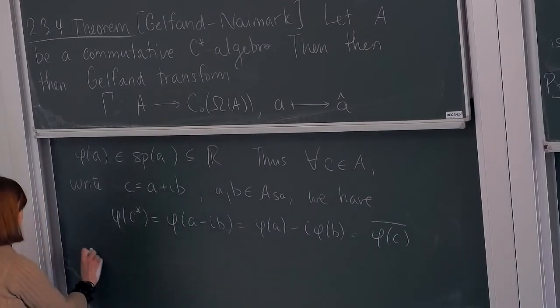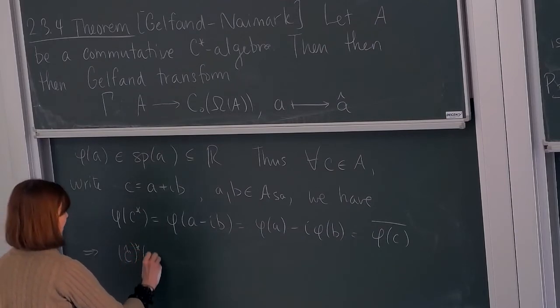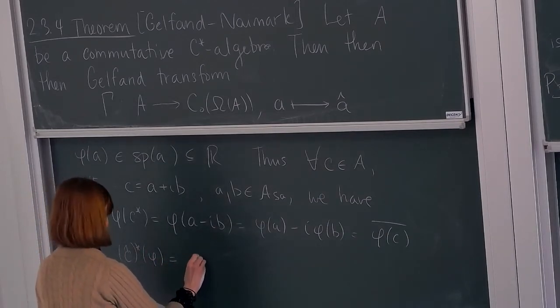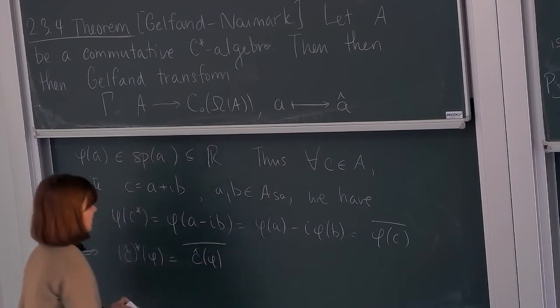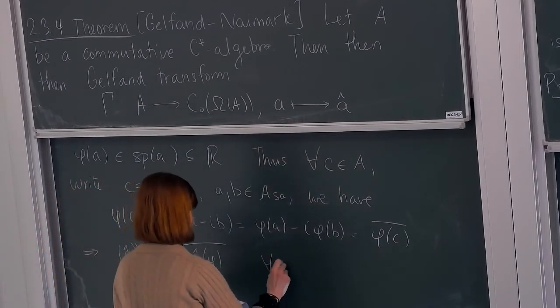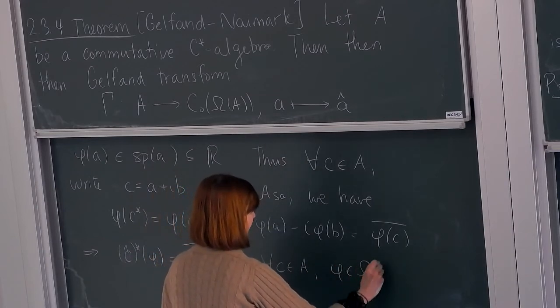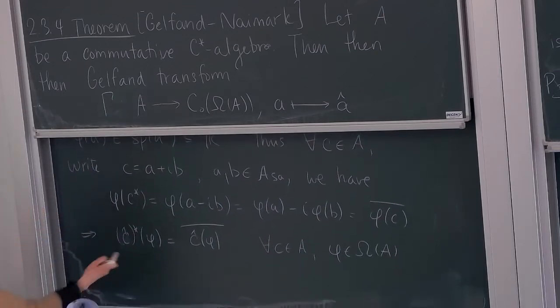So this implies then that A hat star applied to phi is the same as A hat phi. And that's for all A in the algebra and phi in omega A, which tells us that this is indeed a star homomorphism.